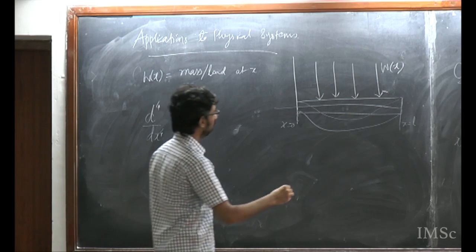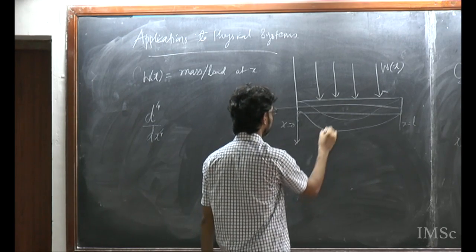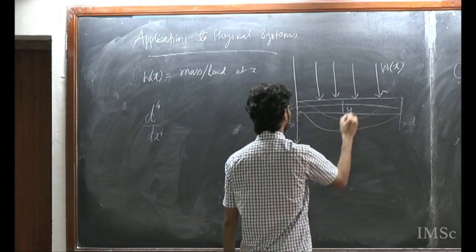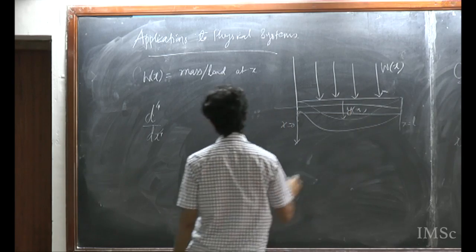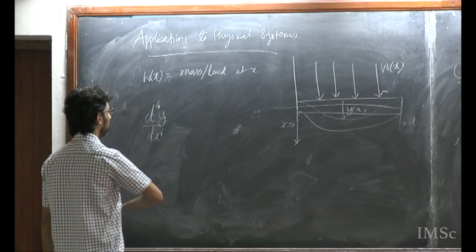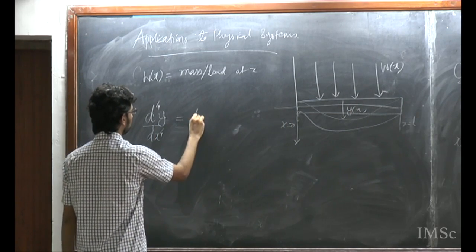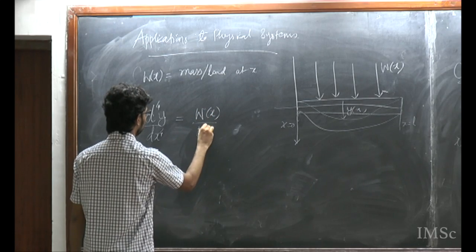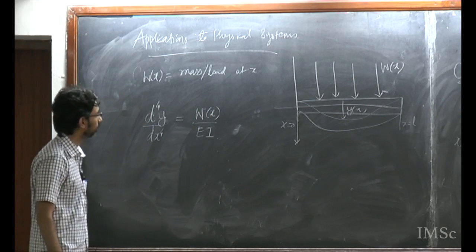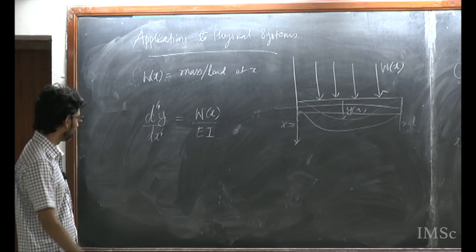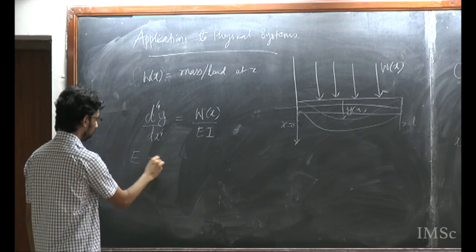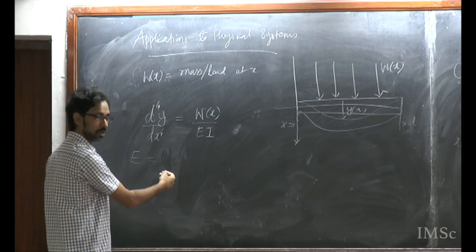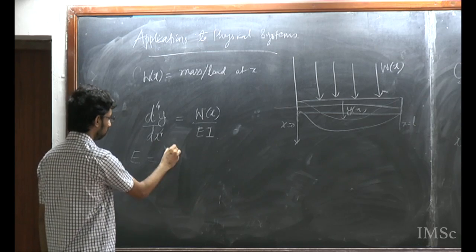So let me call this deflection y at x. So y'''' equals W(x) over EI, okay, where E is the so-called Young's modulus, isn't it? Young's modulus.